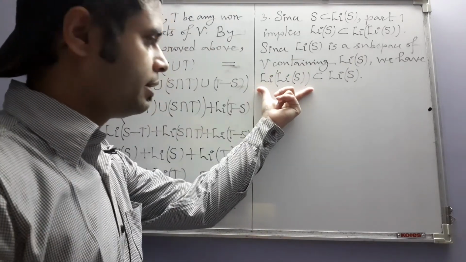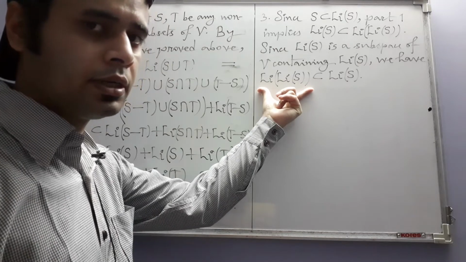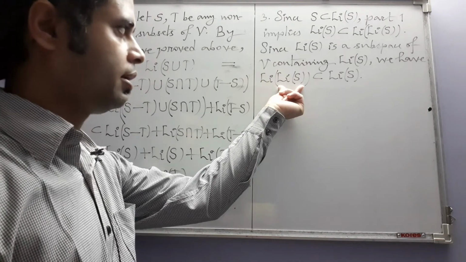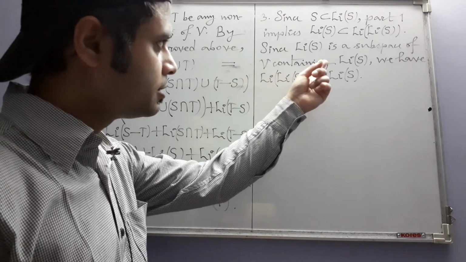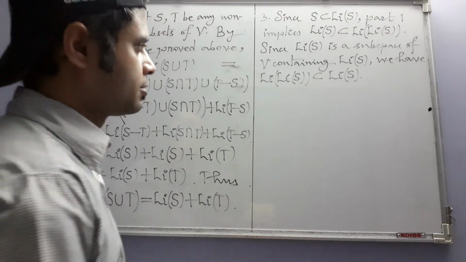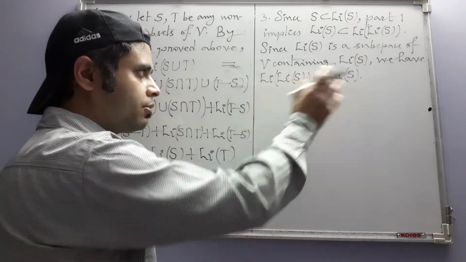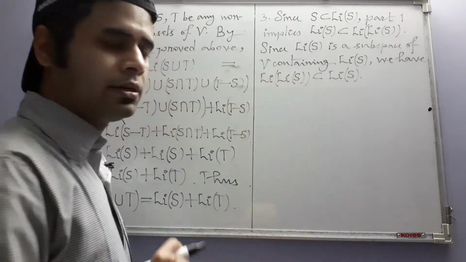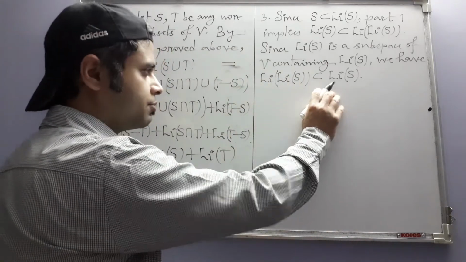This thing is by definition the intersection of all subspaces of V containing Li of S, and this is one such subspace of V containing Li of S. So naturally this will be contained in this, because here we are taking all such subspaces and their intersection, and this is only one of them.